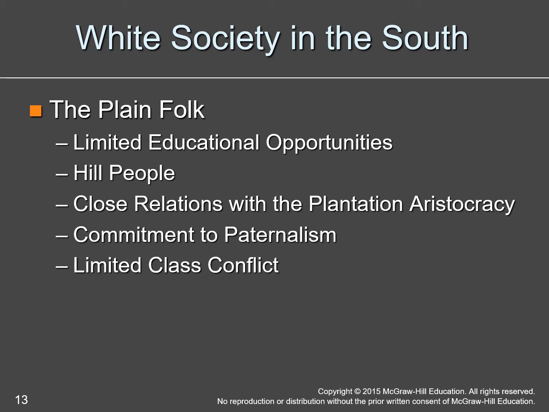And so, part of the question with all of society, if there was such a hierarchical society, why did people support that? Okay, and part of the answer is the close relations they had with the plantation aristocracy. A lot of times there would be a kin network, and so there'd be some relationships there. But also they depended on the plantation for many things, like the extension of credit.